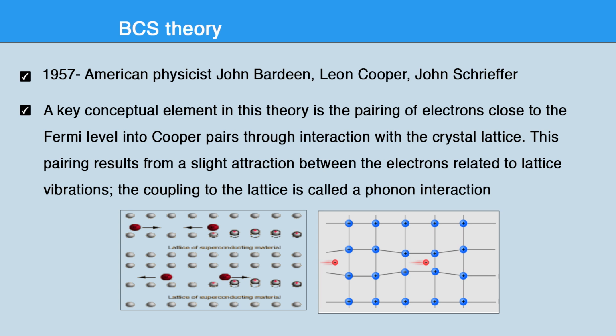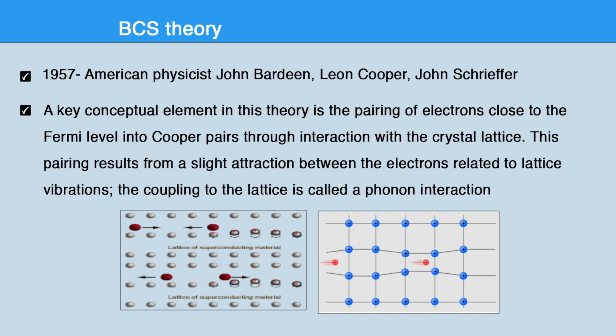It posits that at low temperatures electrons form pairs called Cooper pairs, which move through the lattice without resistance. This pairing occurs due to attractive interaction mediated by phonons, the vibrations of the crystal lattice.